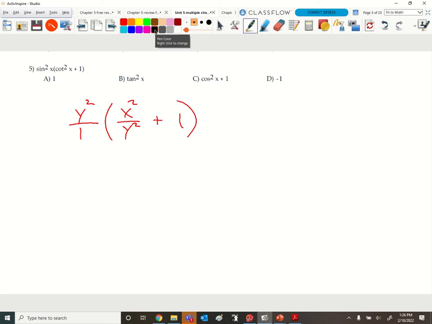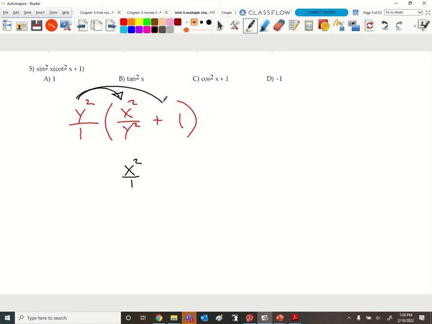So I'm going to distribute here. When I distribute, what's going to happen to my y squareds right here? The y squared, I have a y squared on top and a y squared on bottom. So those are going to cancel. So what am I going to be left with here? X squared, right? Okay. So I get x squared there, or x squared over 1, if that helps you out.